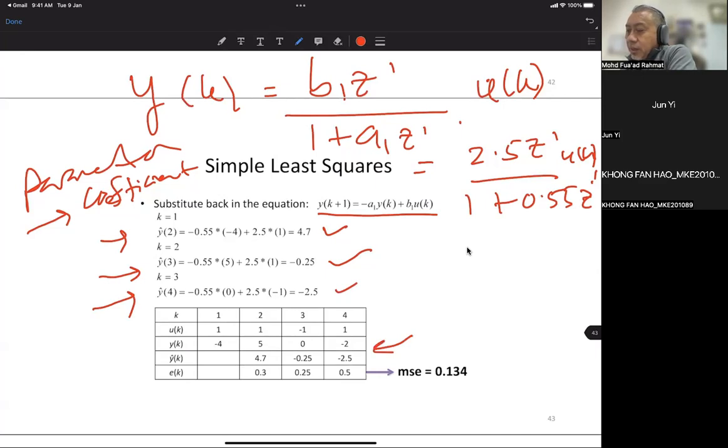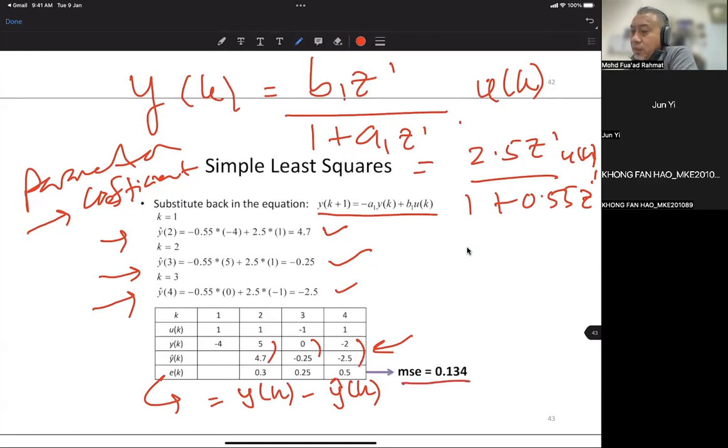So the error is equal to the real value minus the estimation value. In this case, 5 minus 4.7 is 0.3, 0 minus 0.25 is 0.25, minus 2 minus 2.5 is 0.5.